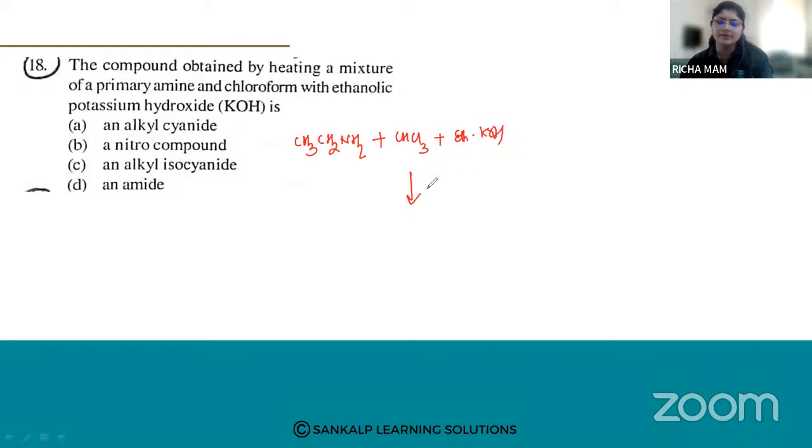What we obtained is CH3CH2NC plus 3 KCl plus 3 H2O. This is an alkyl isocyanide. This is the carbylamine test. So option number C is the right one. Very good. Whoever has answered it as option number C is correct.